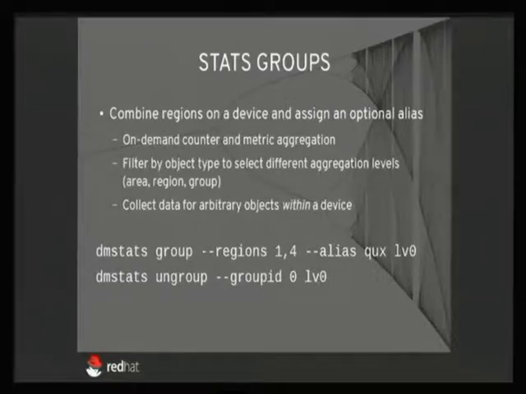Quacks here. Call them what you wish. When we do file mapping, by default, it's the file name. It's just a helpful label to appear in reports to allow you to identify what it is that you're looking at. So, ungroup, you just give the group ID, which we've returned from the group command, and it dissolves the group back to its component regions.